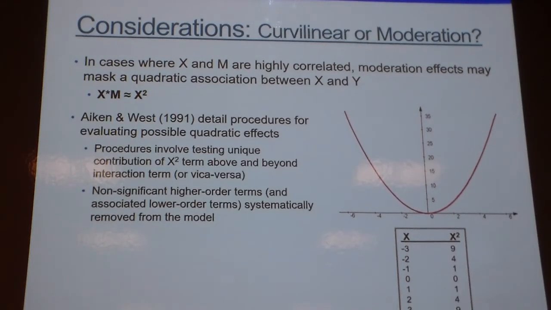And so I might say, oh, this variable moderates the relation between x and my outcome. Well, in actual fact, that's not the case. It's just that your x has a nonlinear relation with your outcome, and your moderator is just serving as a proxy for that square term, okay?